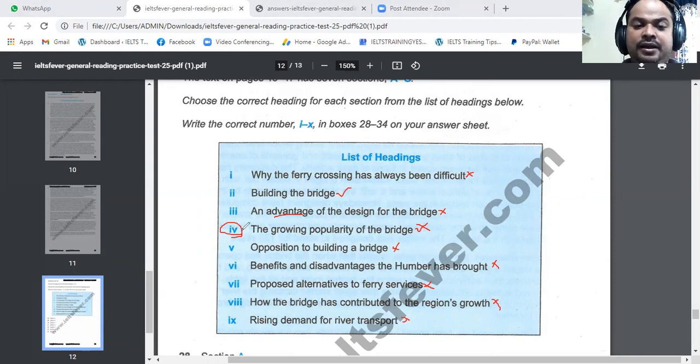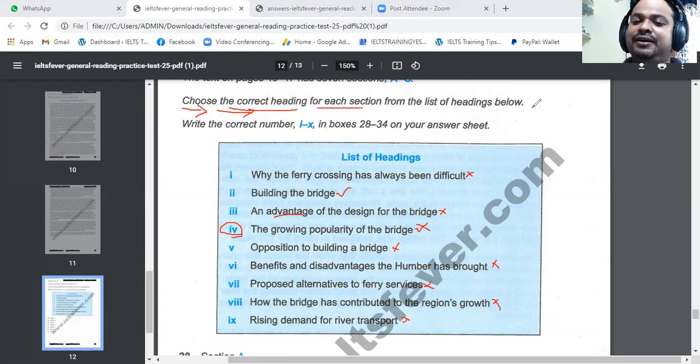If the list of headings may be used twice, the instruction will be given like that. So for some paragraphs, the same heading may come. In such cases, there will be an instruction. So here it says choose the correct heading for each section.